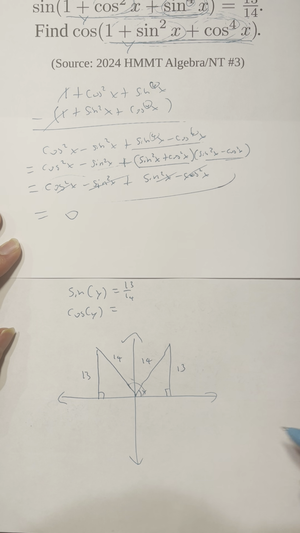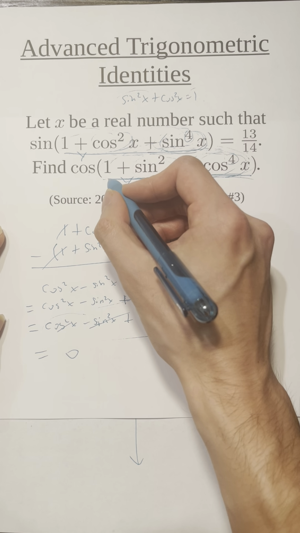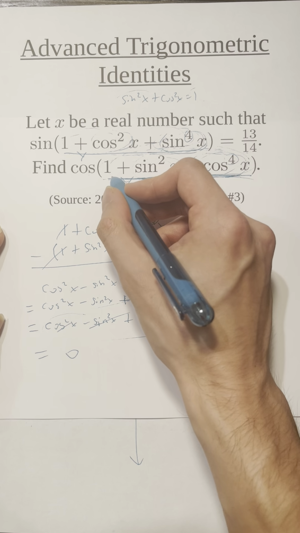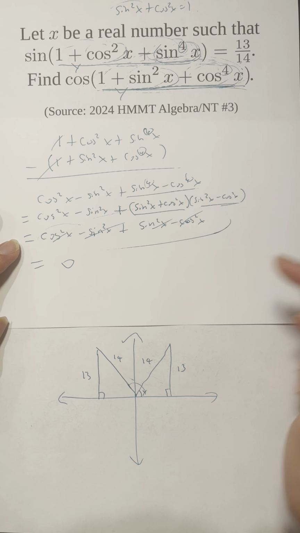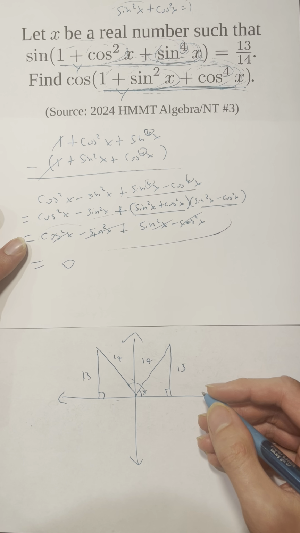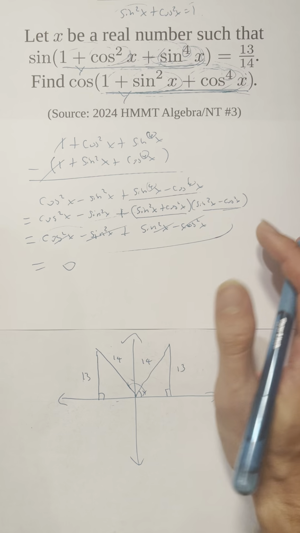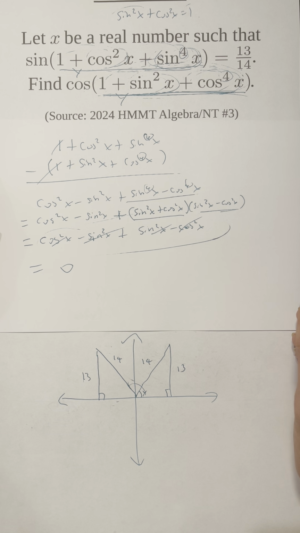Okay, wait, so which triangle do we use? Well, let's go back to the problem. So this expression is already 1, and then we're adding some other stuff. So I'm kind of leaning towards this quadrant, because there's a good chance that this expression is more than pi over 2.